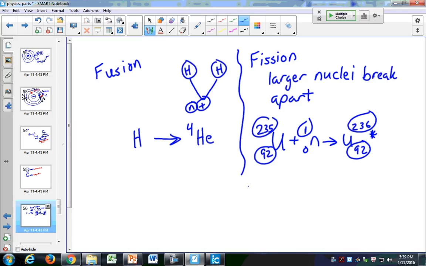And then it further breaks down into xenon, which is 140, 54, with 54 protons and some 90 odd neutrons, plus strontium, 94, 38. Excuse me, Sr.